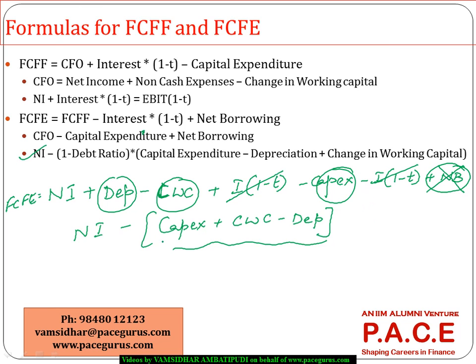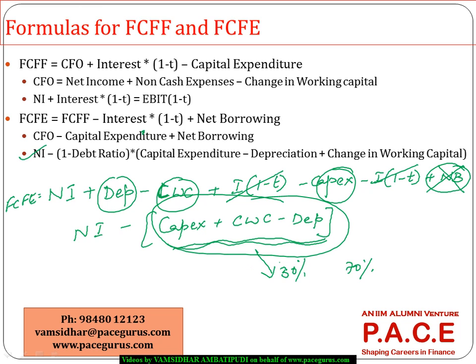If its debt equity ratio is 30% debt, 70% equity, I assume that this entire thing is financed in 30% debt and 70% equity, which means the 30% would have been the net borrowing altogether.